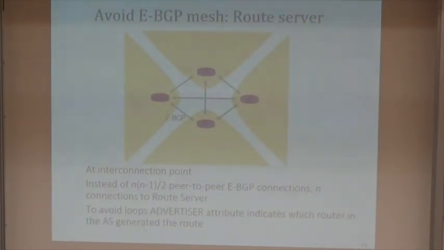We have the same problem, or the same optimization we can do with iBGP. Instead of having every provider come with their BGP router and establish 99 connections to the other BGP routers, you could put in the middle something which is called a route server, to which everybody connects.